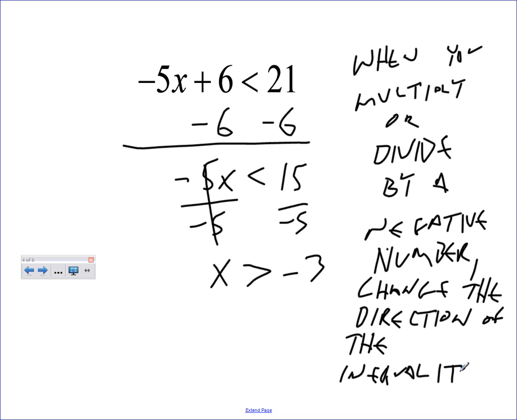That's what that says. So we just flip it over.